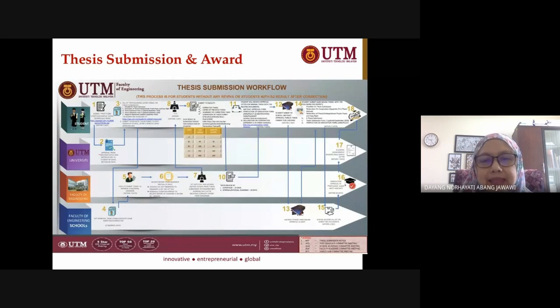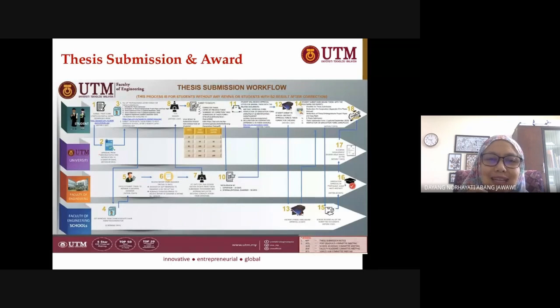And then another thing that I would like to raise here is thesis submission. I received an email from one student last week saying that the deadline for last semester submission was 31st September. Then he or she submitted the thesis to school, and did not know that the thesis needed to be submitted to the faculty before 31st September.